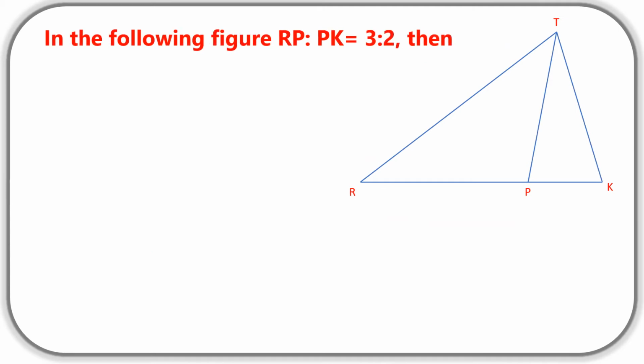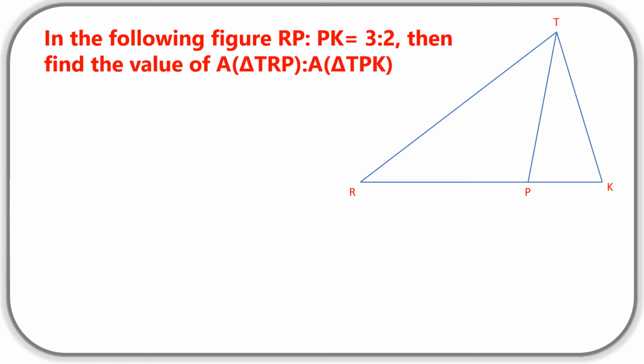Students, here is a question. In the following figure, RP to PK is in the ratio 3:2. Then find the value of the area of triangle TRP with respect to triangle TPK.